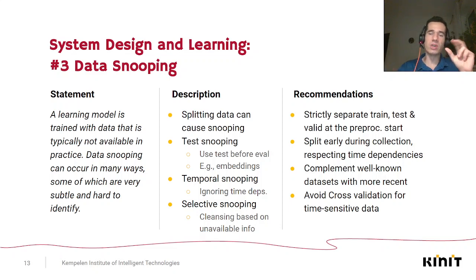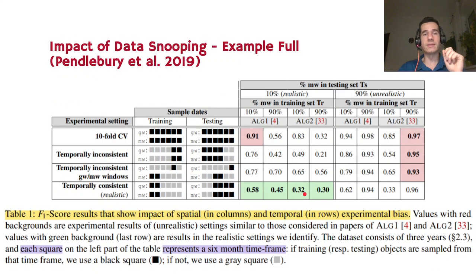So we tend to fix these known issues, and this shouldn't happen because we shouldn't have that information in practice. So again, we should use more recent data, and if our data contains time-sensitive dependencies, we should avoid cross-validation, as we will talk about on the next slide.